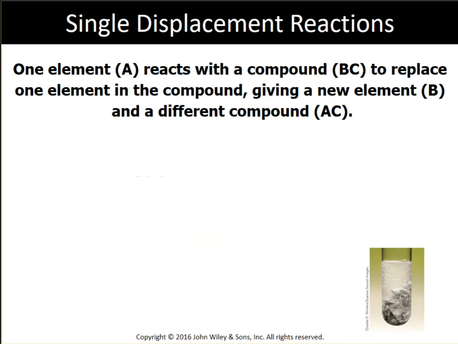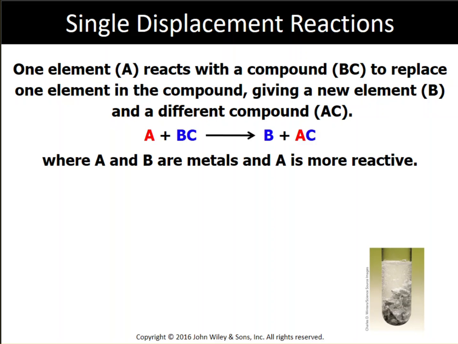So let's look at the third type of chemical reactions, which are single displacement reactions. Single displacement reactions have this general format. You have one element that reacts with a compound, and from that reaction a replacement takes place, and you get a compound and an element.